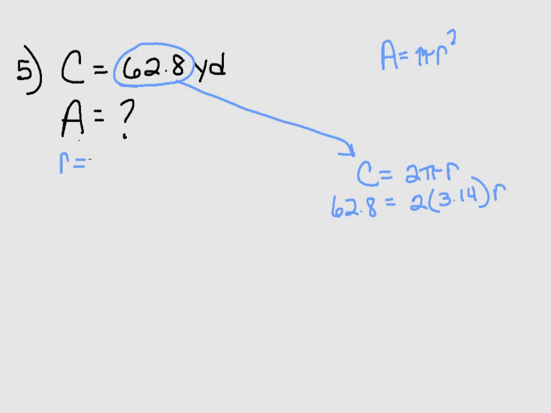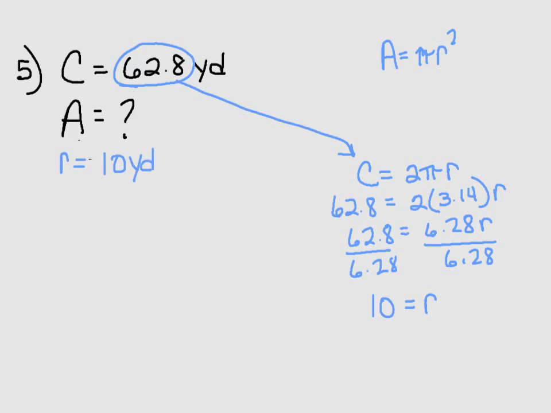Okay, let me simplify here. 62.8 is equal to 2 times 3.14, which is 6.28, times r. And in order to solve for r, we're going to divide both sides by 6.28, and I get 10 equals r. So my radius is 10 yards.